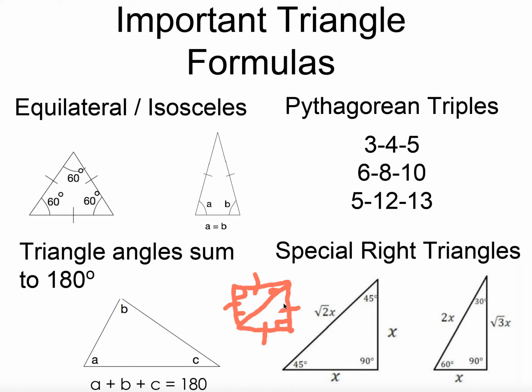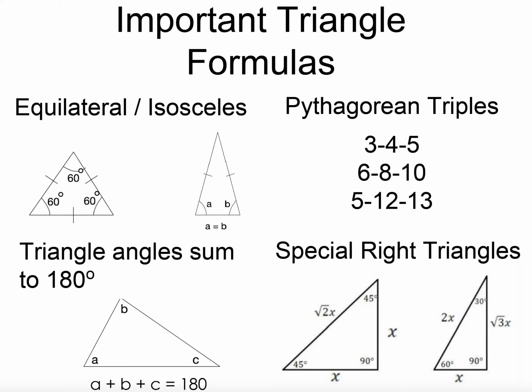These angles here are all going to measure the same, which means that if you know, say, the side length of one of the sides of the square, then you know that this line here in the middle will have to be root 2 times that number, times x.